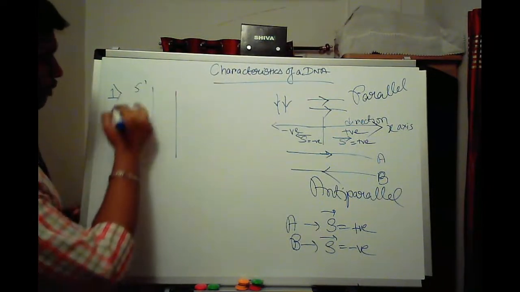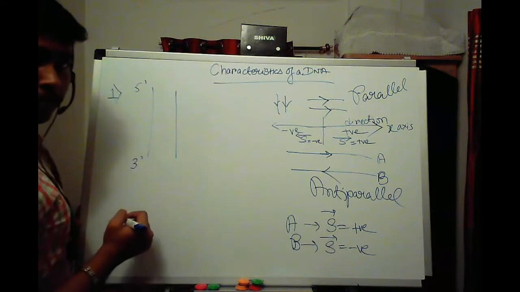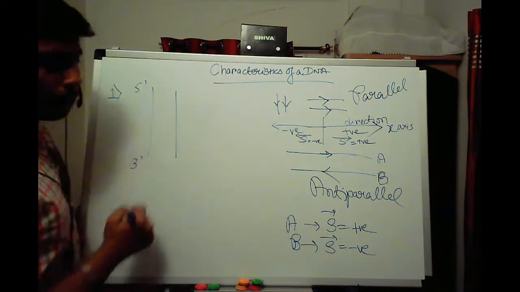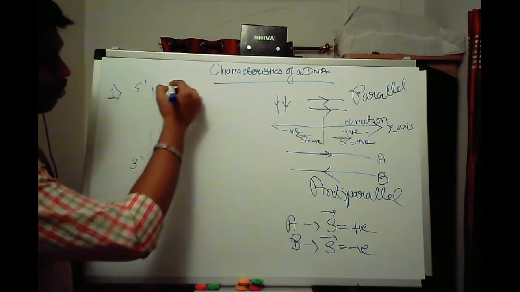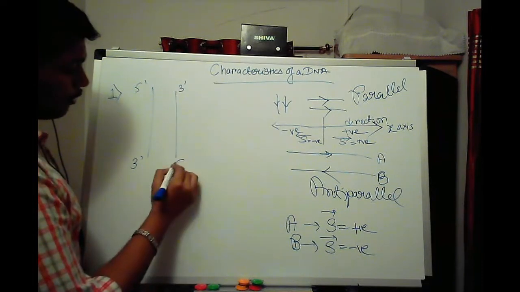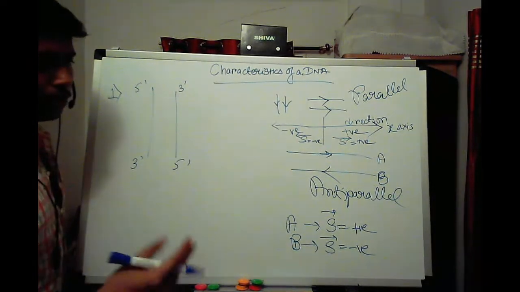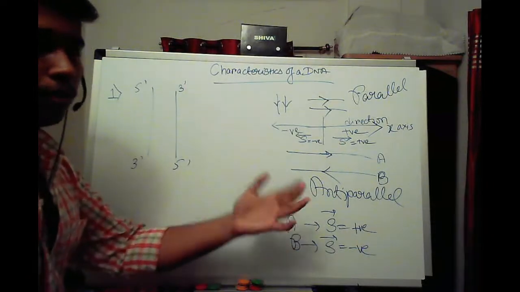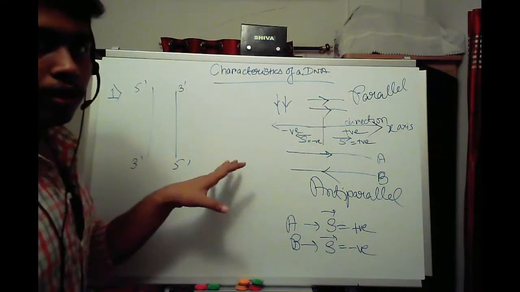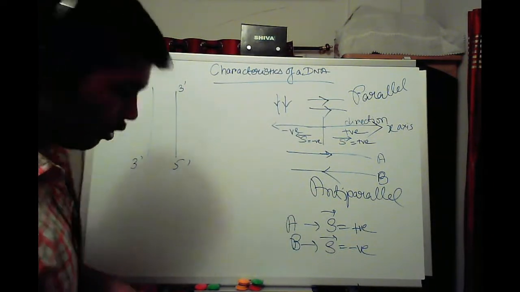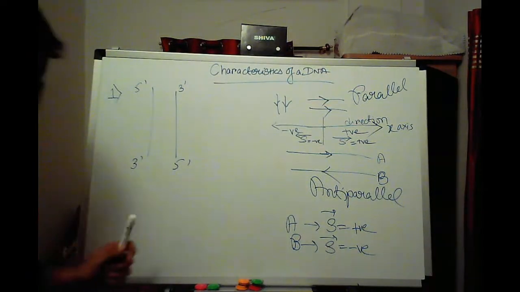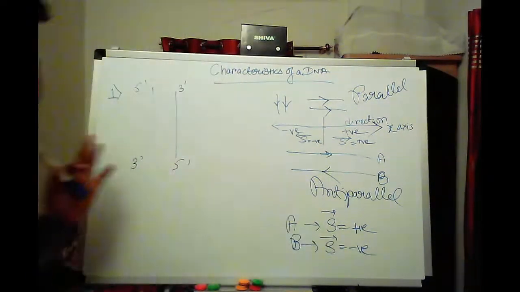Why anti-parallel? If this is 5 prime and this is 3 prime, remember this 5 prime 3 prime, phosphate up over here, phosphate down over here. This always has to be 3 prime 5 prime. If you haven't seen my previous video, please go and check the previous video before you focus over here. If you know it, you can continue. If you know why it is anti-parallel, of course you can continue.